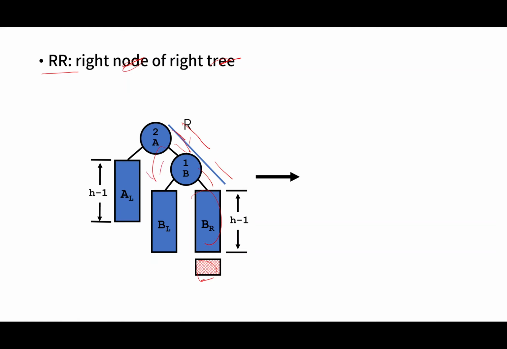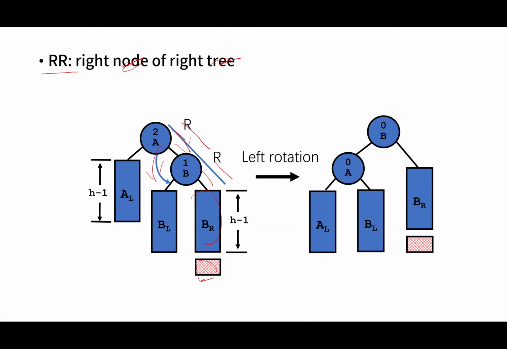We just do a left rotation. This node is rotated to become the left child of this node, and its left tree becomes the right tree of the node, so the tree becomes a balanced tree.